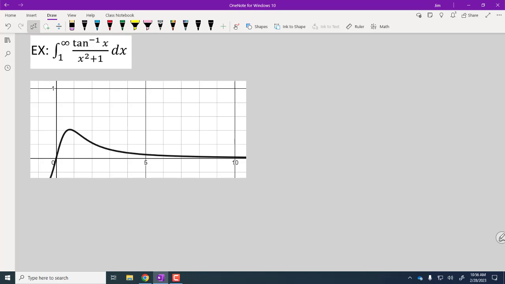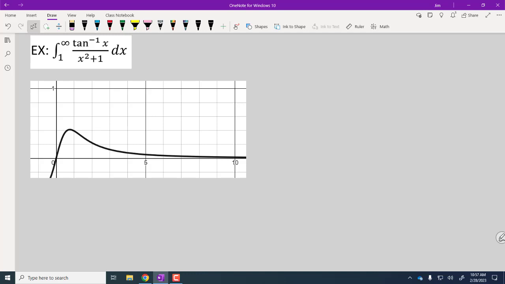When we look at the nature of this integral, the numerator, if you go way out into the tail, isn't the numerator just about pi over 2? Arctangent, if you go way, way out, it's about pi over 2, which is a constant. So the numerator really isn't doing much.